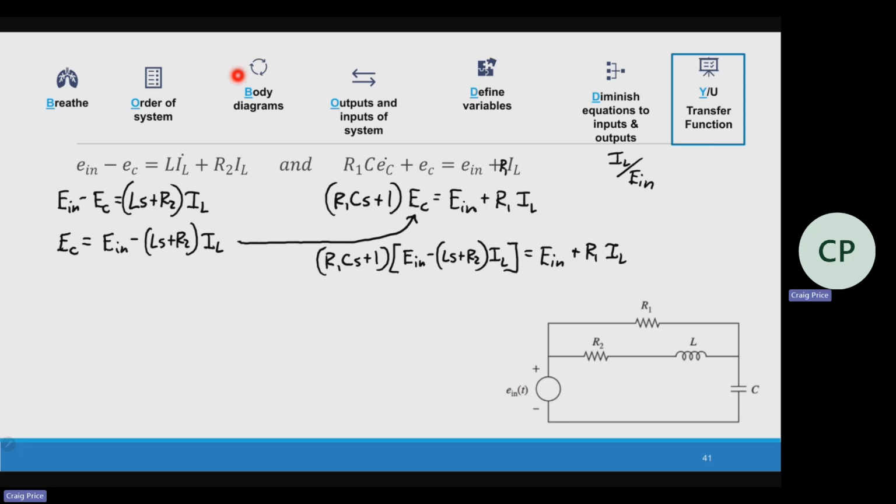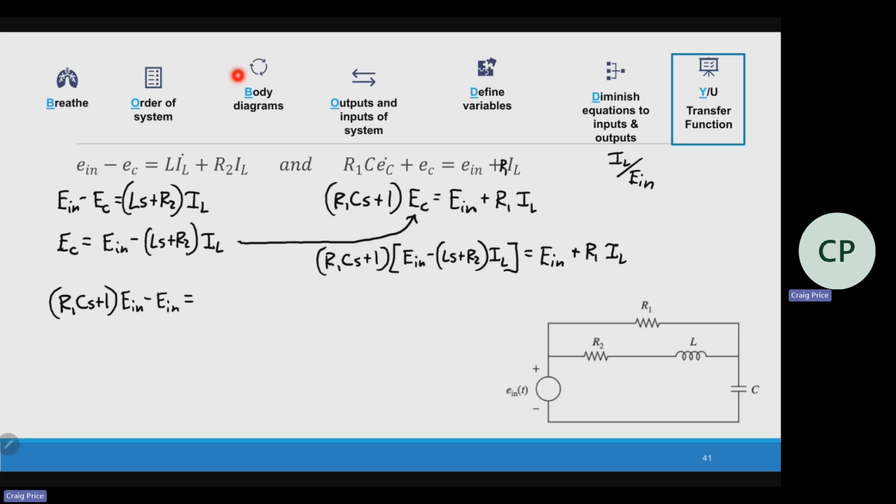How do we want to do this? I can get all my ENs to the same side. So we have R1 CS plus 1 times En minus En. So I get all my ENs to the same side.